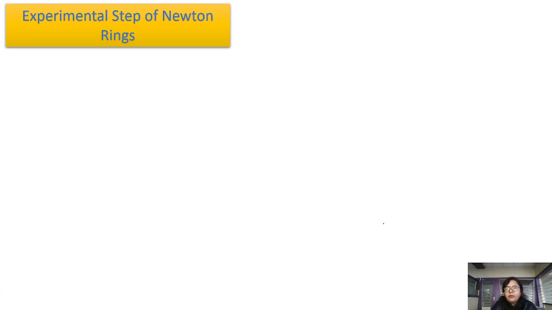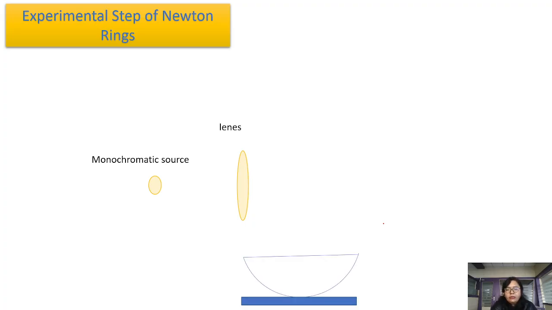Now I'm going to explain the experimental setup of Newton's ring. For the experimental setup, as we know, we need a monochromatic light source. So suppose we have a monochromatic light source. In front of that, we can place lenses for the proper focusing of the light, and at 90 degrees we can place our assembly, meaning the combination of a glass plate and a convex lens, at 90 degrees with the monochromatic light source.